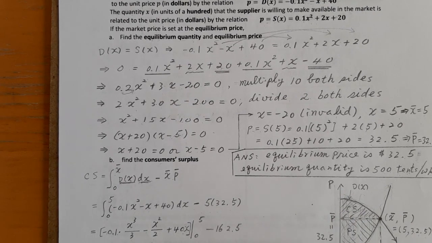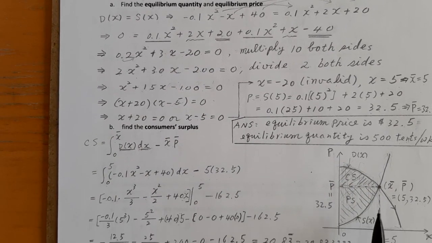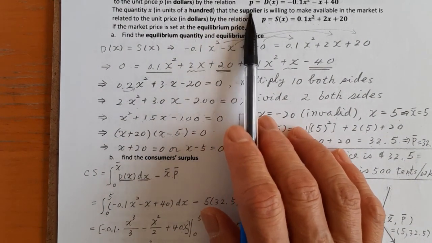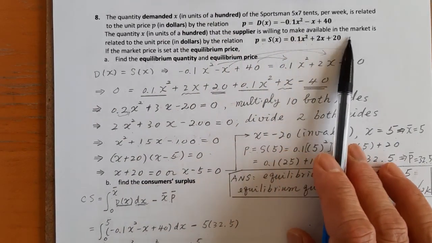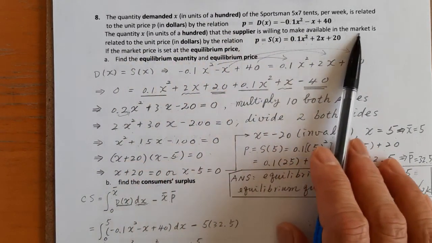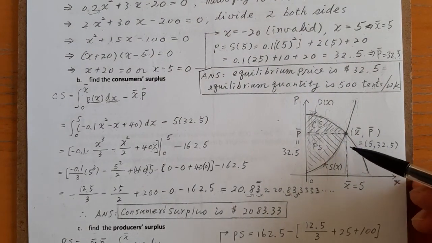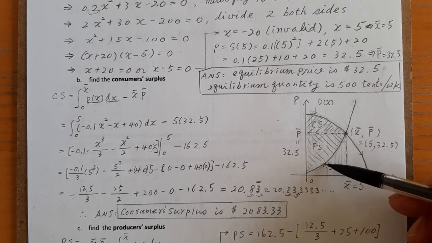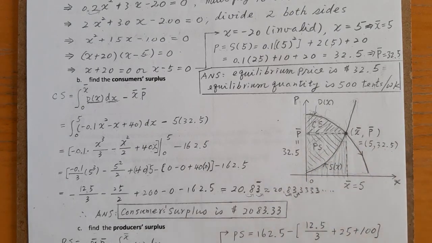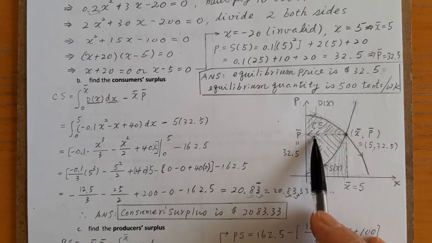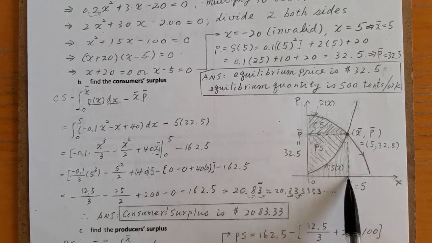And here, the other one is S of X, the supply. What the supplier is willing to make available in the market is this. So under this is what the supplier is willing to earn, but actually the product on the market is sold for so much.